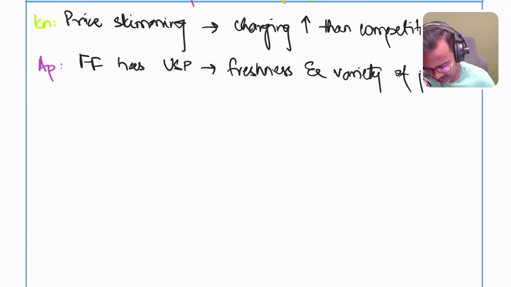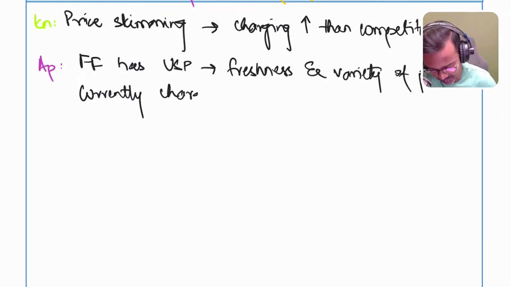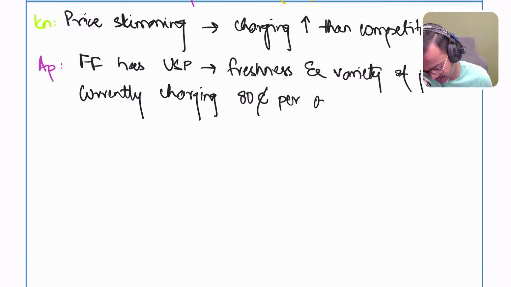And another layer is that he is currently charging 80 cents per orange, but wants to increase prices.